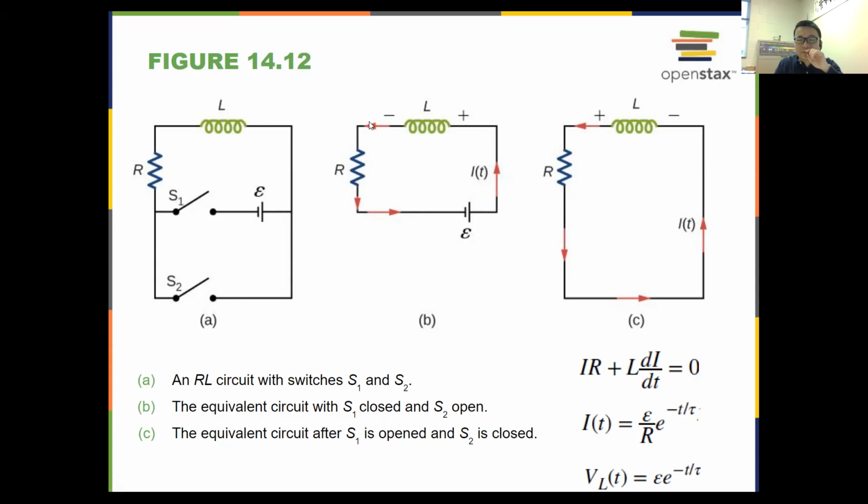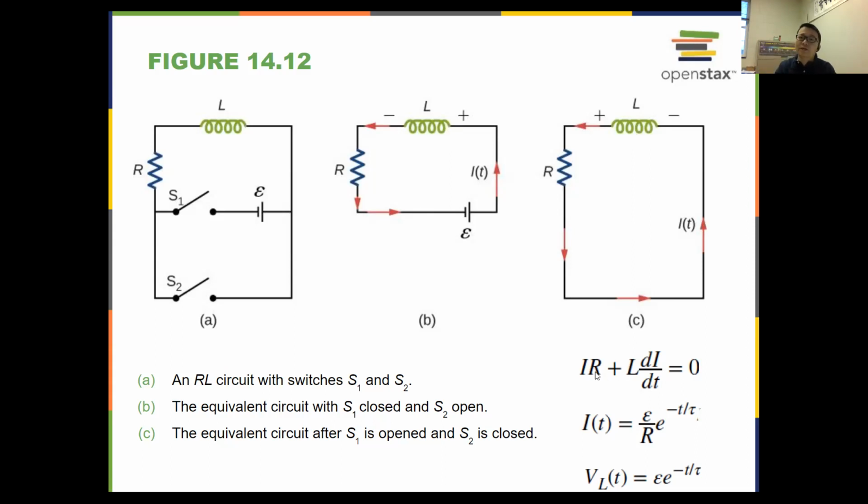After the current stabilizes, reaches final current, then you have this one open, this one closed, then you have this. Okay, so this is charging, discharging, or storing energy here and then withdrawing energy from the inductor. So this is a discharging process similar to the RC circuit.